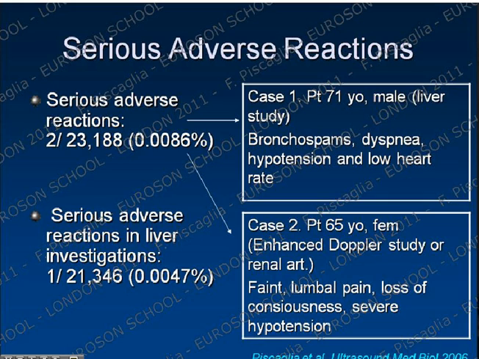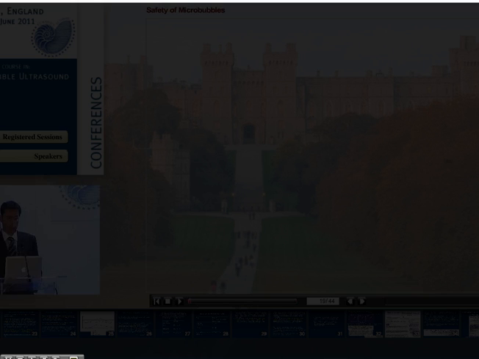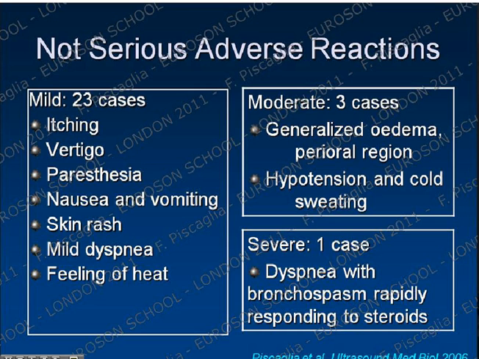And there was only one serious adverse event in the liver, because as I told you, the second was while investigating the renal artery. Of those that were not considered serious, one was severe.